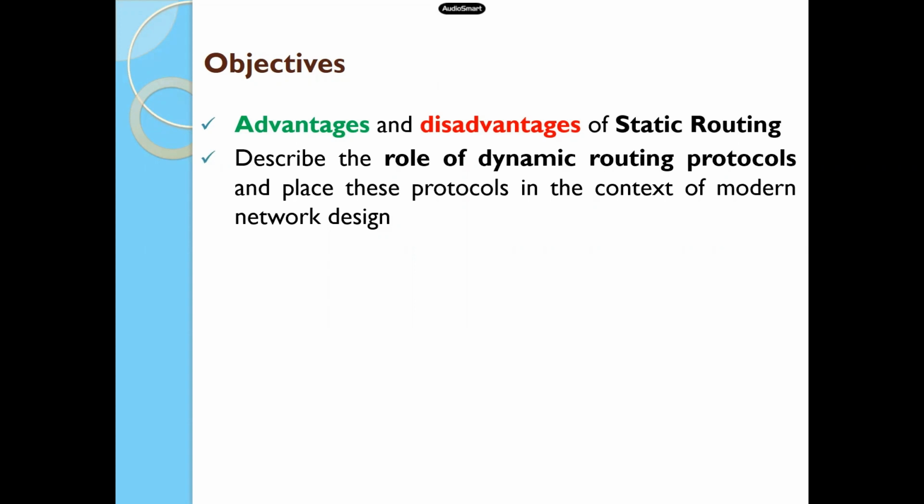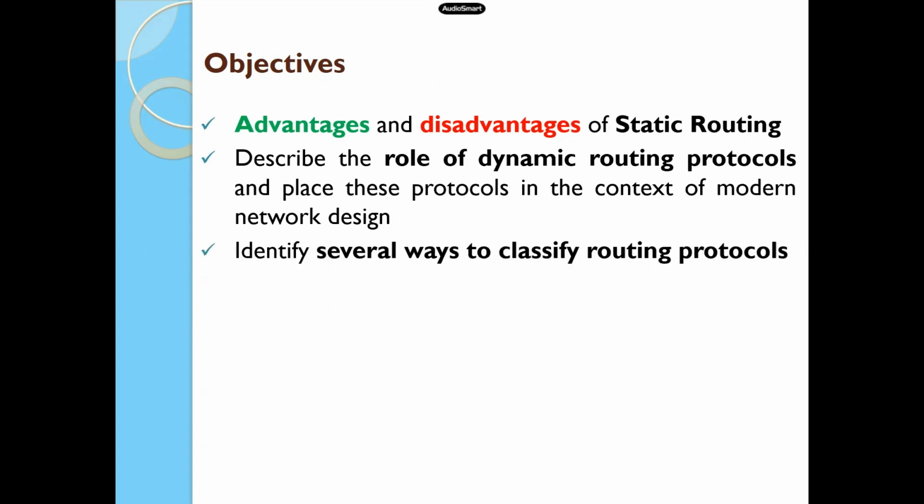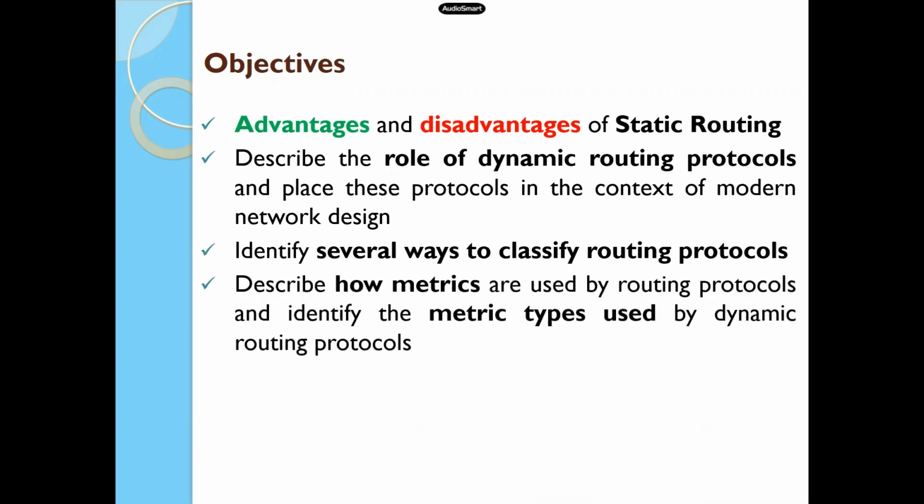Then we're going to talk about the role of dynamic routing protocols and place these protocols in the context of modern network devices. And these protocols will provide the solution for the issue that we faced in static routing. Identify several ways to classify routing protocols, based on things like the area or the region, and describe metrics.